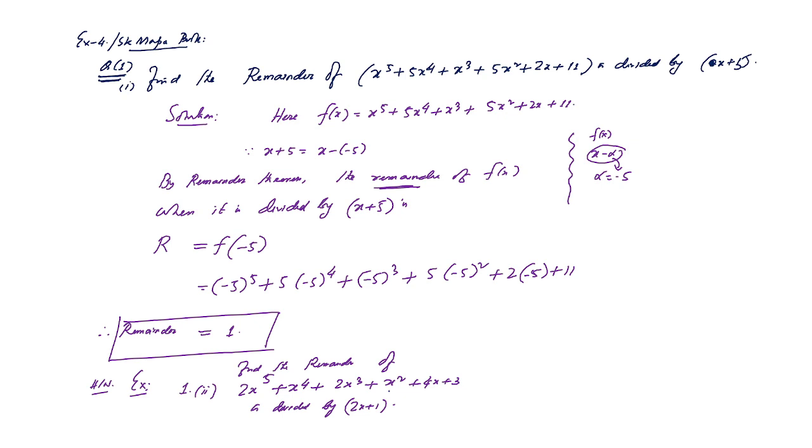In that case, what will you do? You will write 2x plus 1 as 2 into x plus half, so 2 into x minus of minus half. So here the remainder will be f of minus half, because here alpha equals minus half. So this is your exercise.